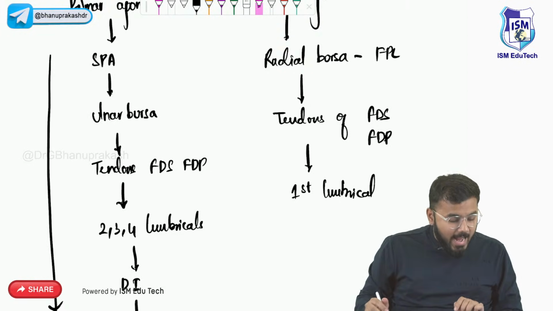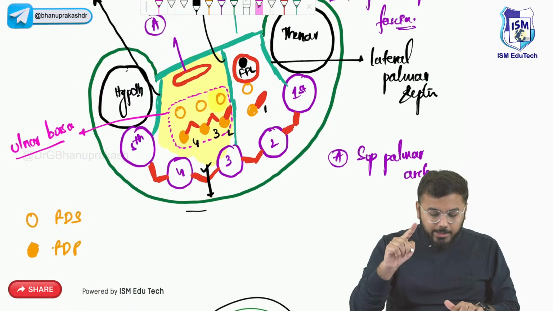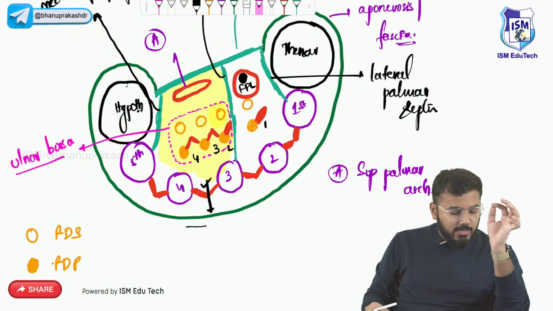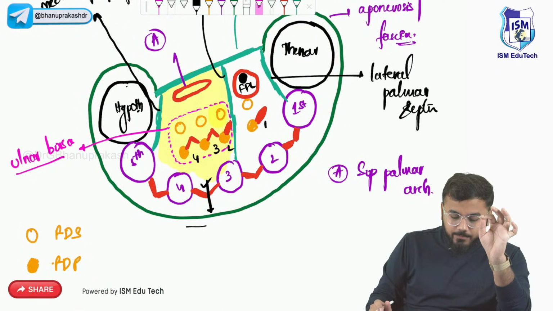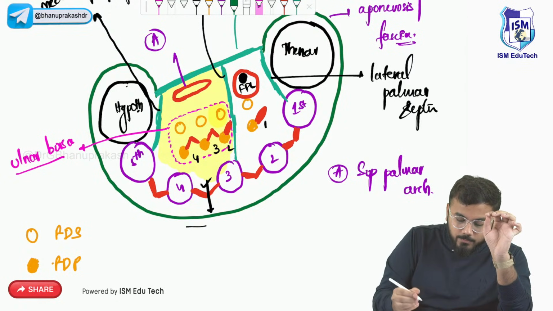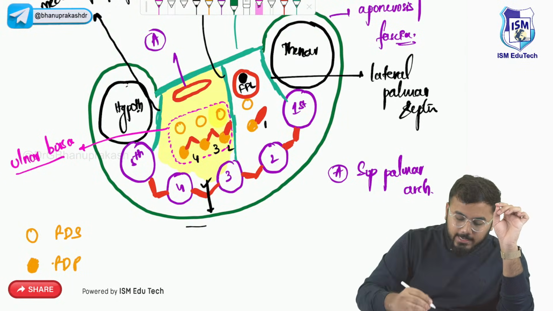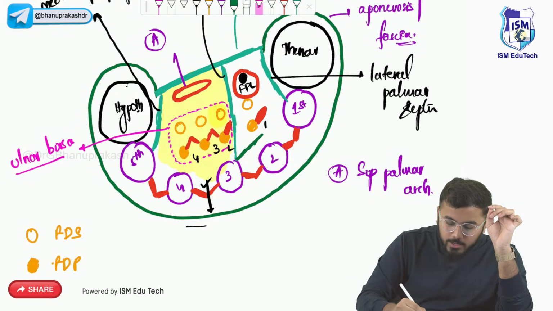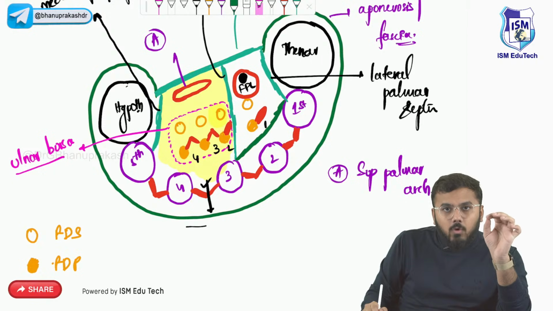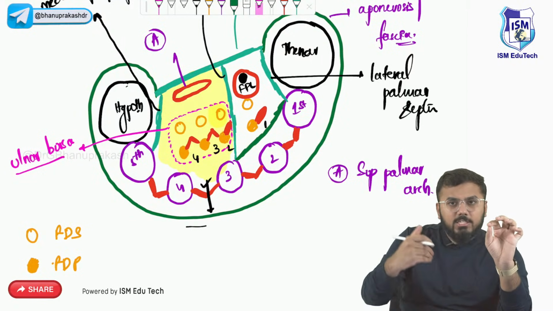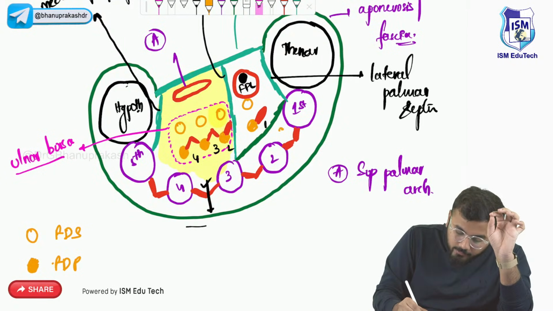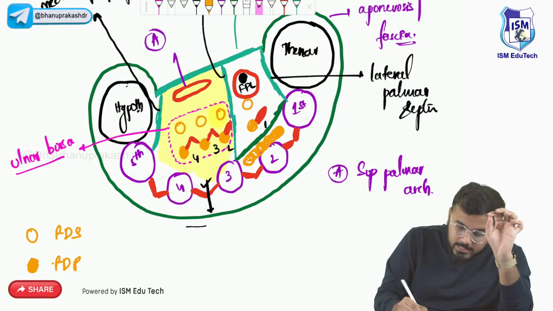And next important point you have to keep in mind. What is that very important point? Look here now. Attached from first metacarpal to third metacarpal, I have got a septum like this. Just behind this septum, I have got a muscle here.